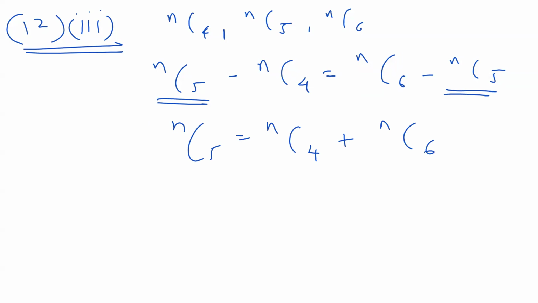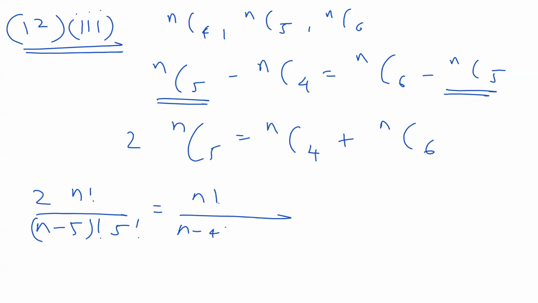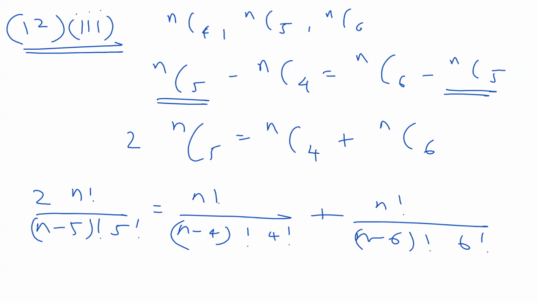Now, 2 into n factorial upon (n minus r) factorial into r factorial. Everywhere I'm going to apply the same formula. n factorial will get cancelled everywhere. It's the common term.